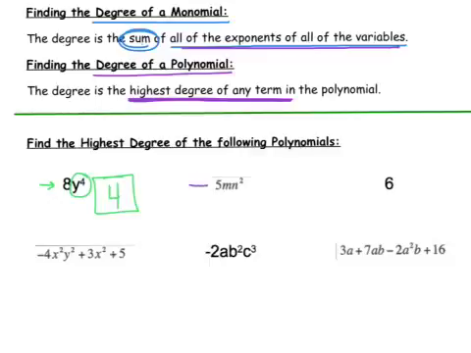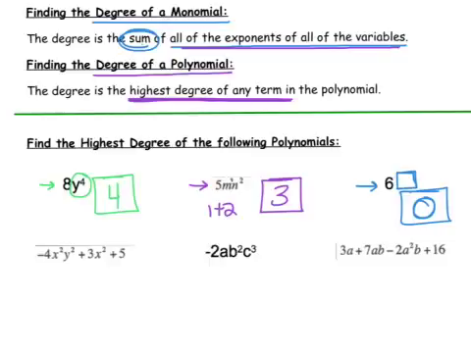This next one, 5mn squared, is a single term, but we have one m and two n's, so we have a degree of 3 altogether because 1 plus 2 gives us 3. 6, we know it's a monomial and we know it's called a constant. Because there are no variables, it has a degree of 0, since there are no exponents.